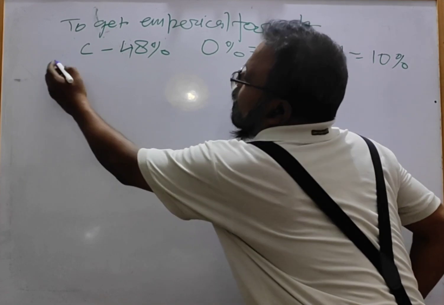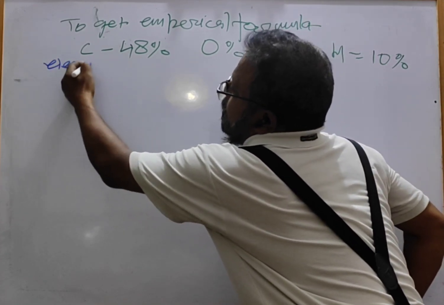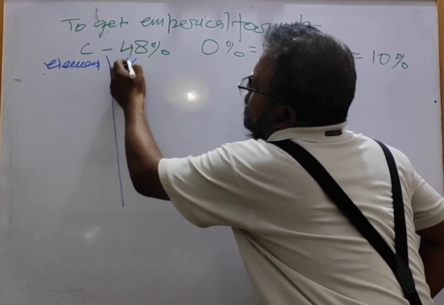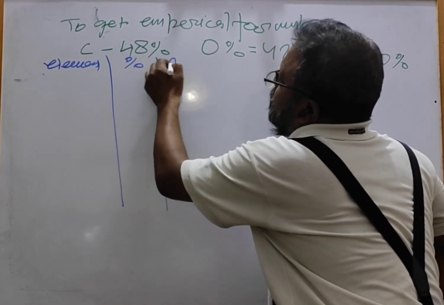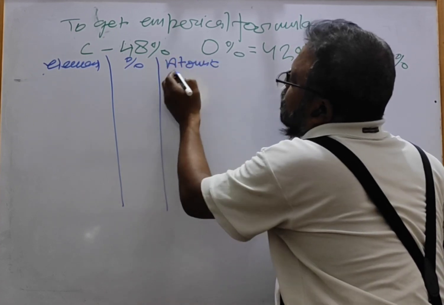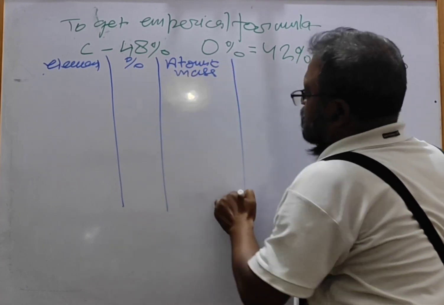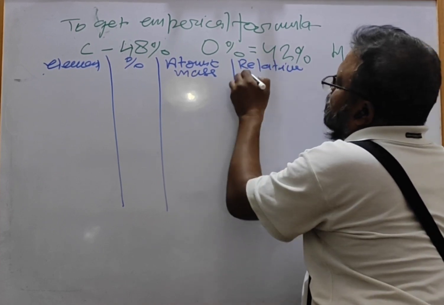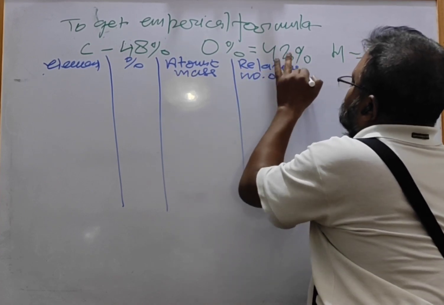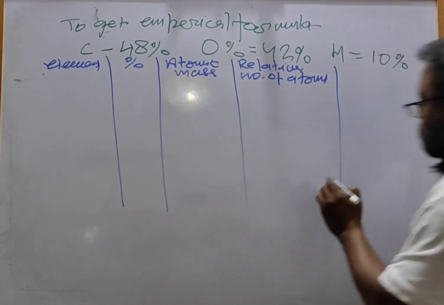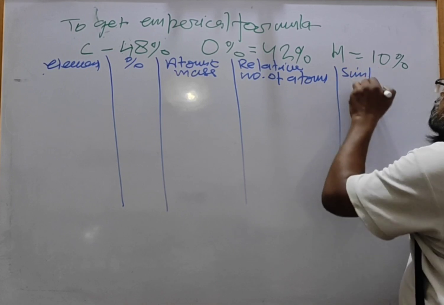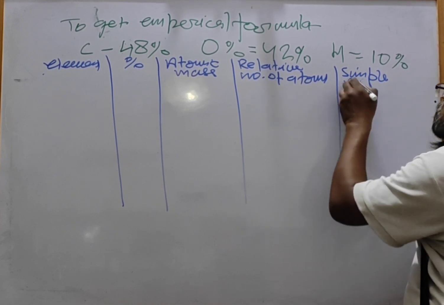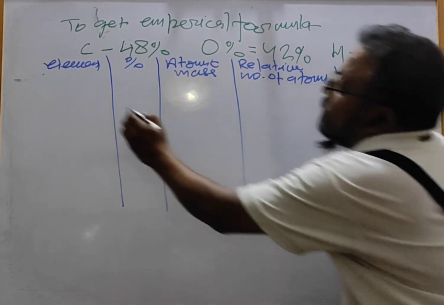So now here we write element, then we write percentage, then atomic mass, then relative number of atoms, and then we have simple whole number ratio. Okay, this is the table we have.